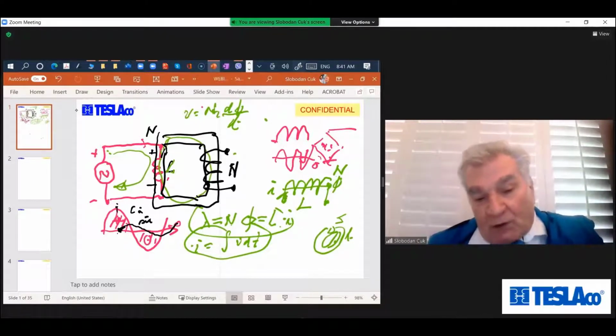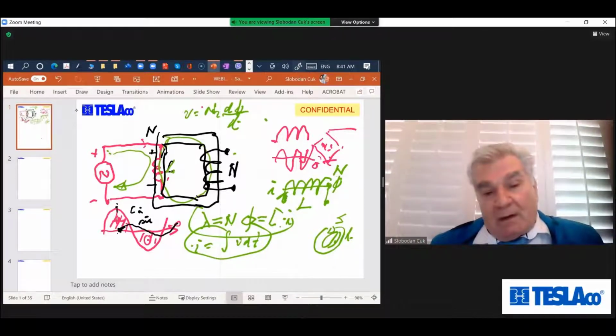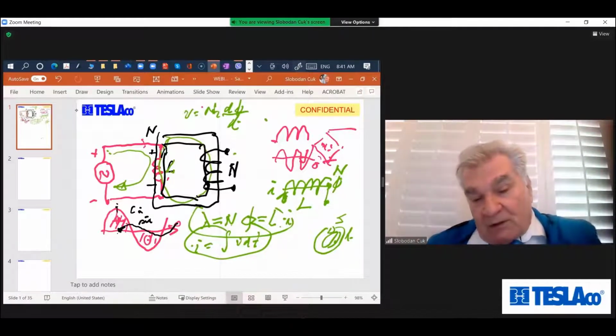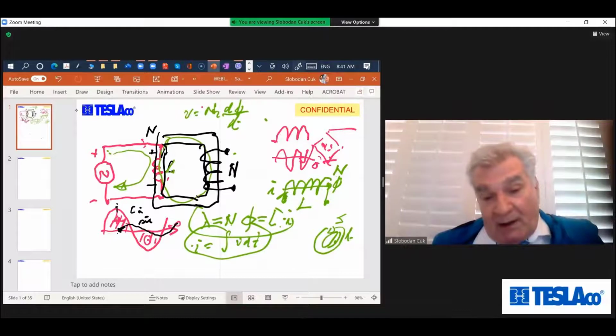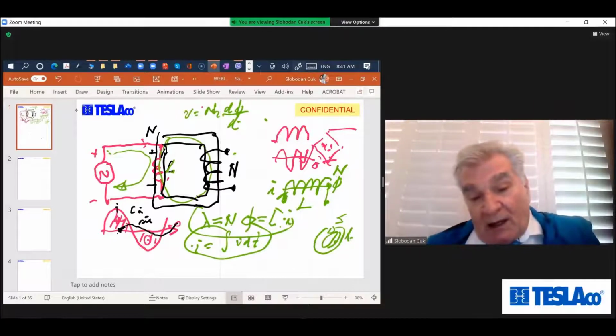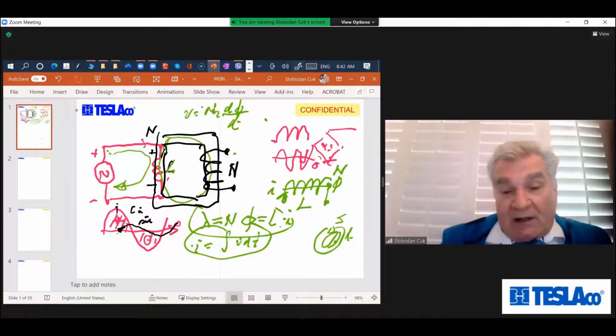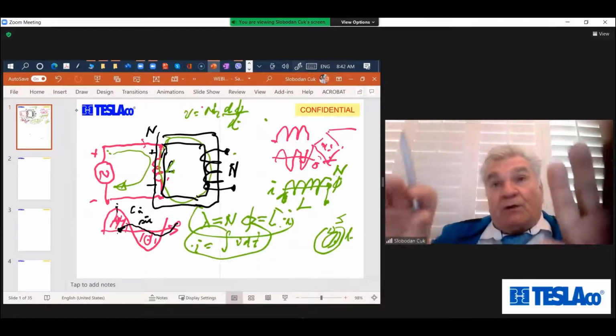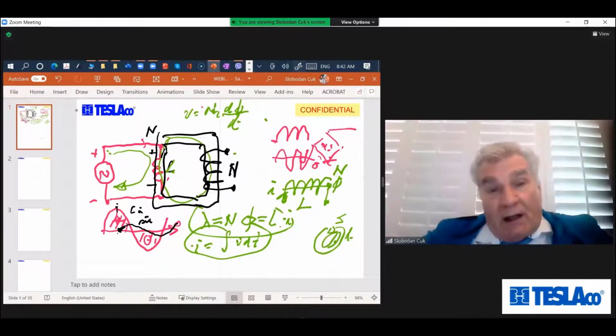You have an induced voltage here and you have induced voltage here. Same voltage, same flux, but the small current in the primary is going to create all the flux in the core that you need to generate the secondary voltage, and the secondary voltage is isolated electrically.